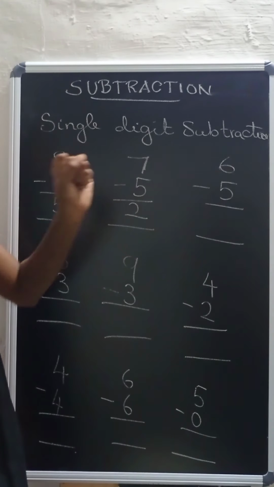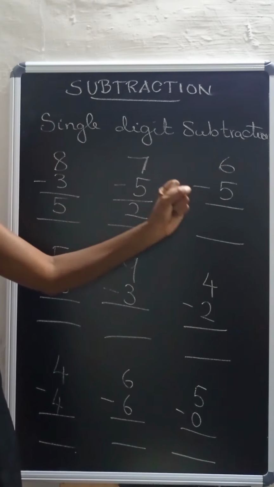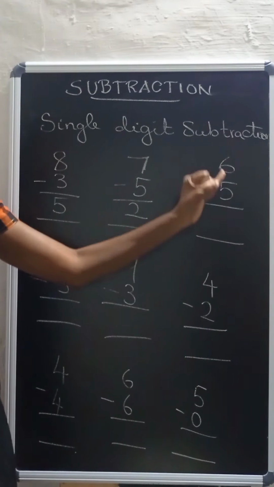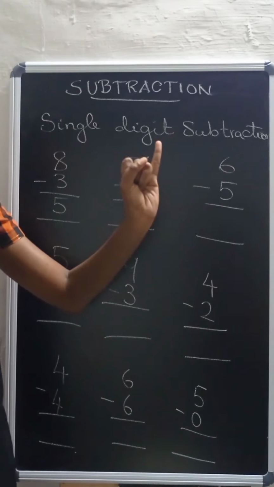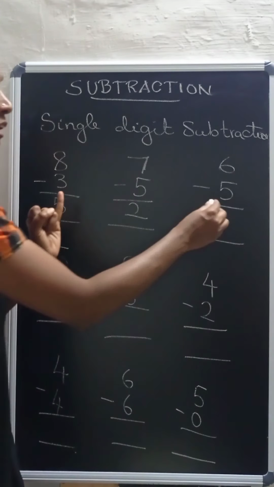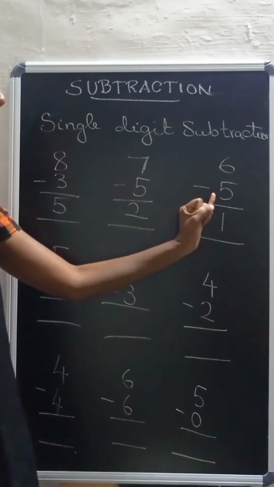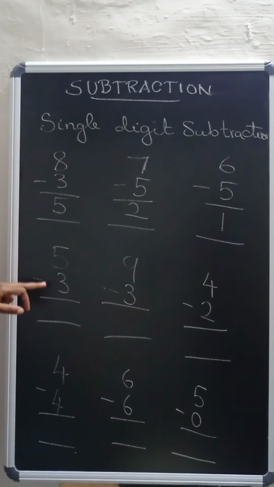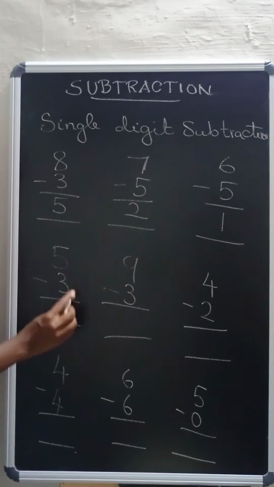Now count after 5. Keep 5 in the mind and after 5, 6. Here you have 6. So how many fingers? 1 finger. So 6 minus 5 is 1. Next 5 minus 3. After 3, 4, 5. So 2 fingers. So 5 minus 3 is 2.